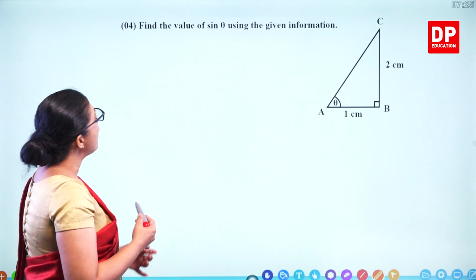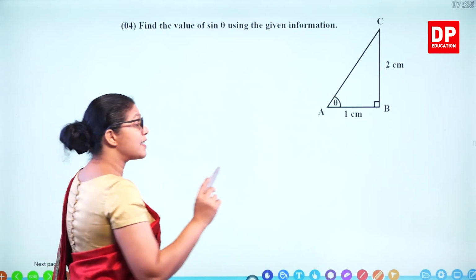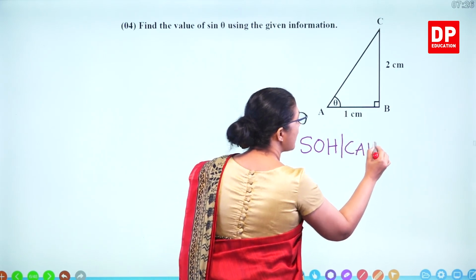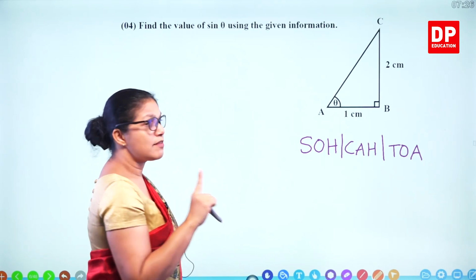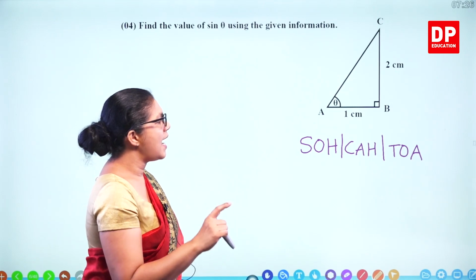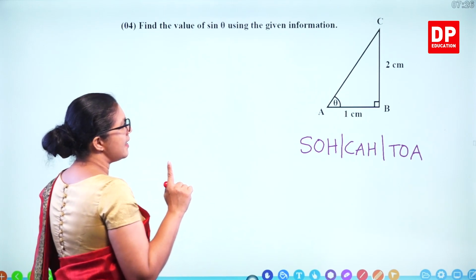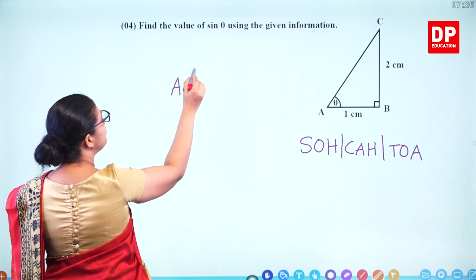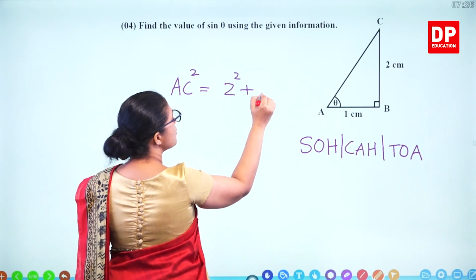Question number 4. Find the value of sine theta using the given information. Sine. So, what is the ratio? SOHCAHTOA. Sine is opposite over hypotenuse. Cos is adjacent over hypotenuse and tan is opposite over adjacent. So here for sine theta, you need the hypotenuse. So first we'll use Pythagoras theorem. AC squared is equal to 2 squared plus 1 squared.